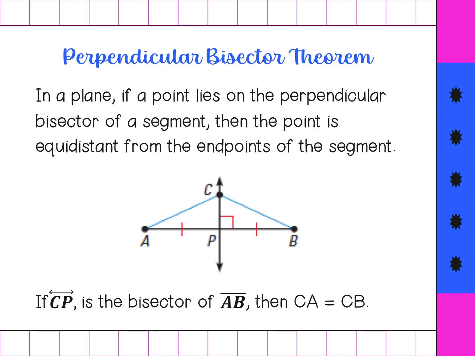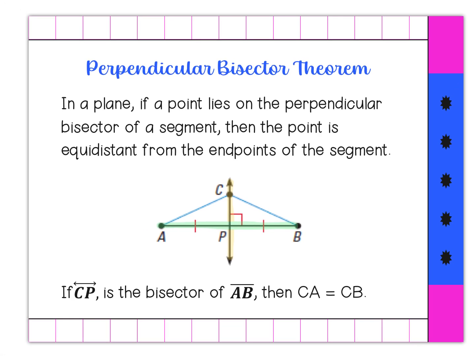So, the perpendicular bisector theorem. Again, we know what a perpendicular bisector is. In this picture, our perpendicular bisector is line CP, and the segment it's bisecting is segment AB. The theorem says that in a plane, if a point lies on the perpendicular bisector of a segment, then the point is equidistant from the endpoints of the segment.